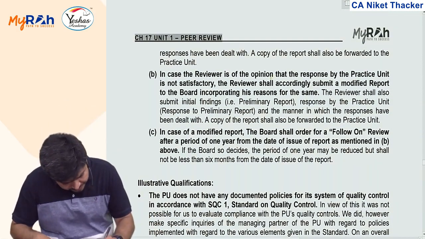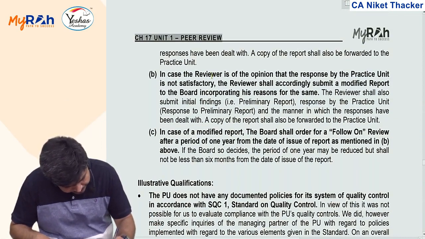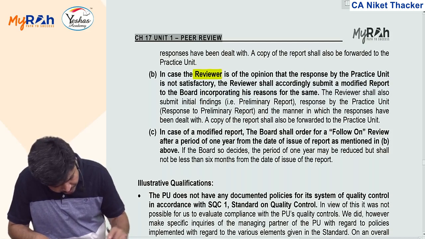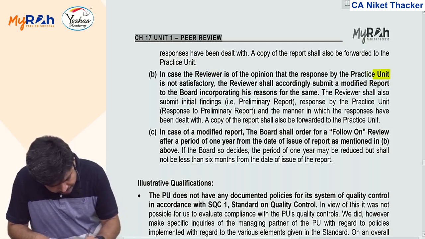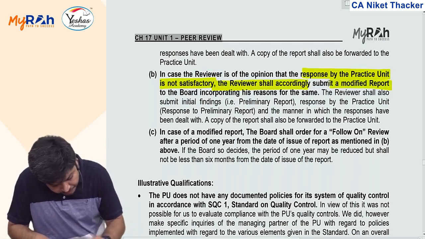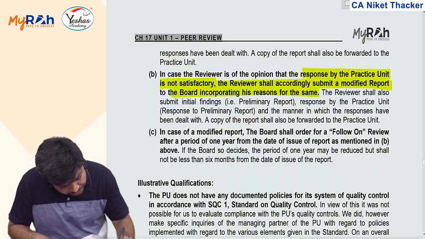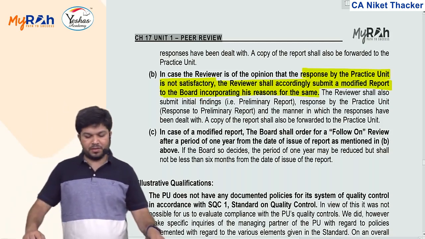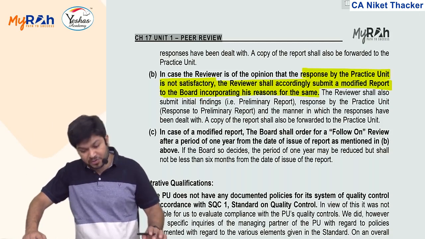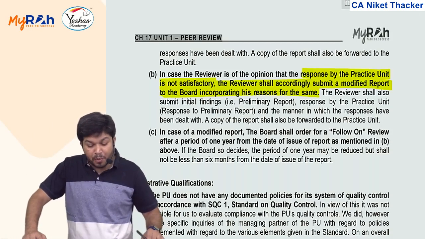If the response by PU is not satisfactory, he will submit a modified report to the board. If the response is satisfactory, he will give a clean report to the board.